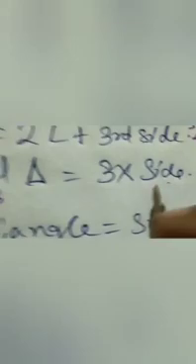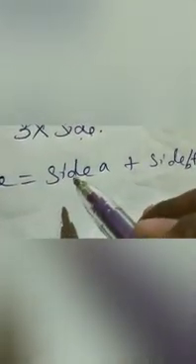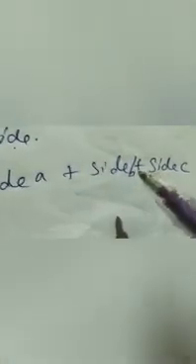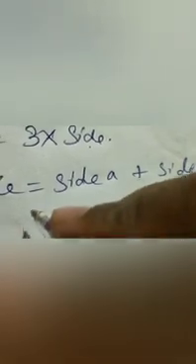So their formula will be 3 multiplied by the side. And in any other triangle, a scalene triangle where all three sides are different, the perimeter's formula will be the measure of the first side plus the measure of the second side plus the measure of the third side, or the sum of all sides.